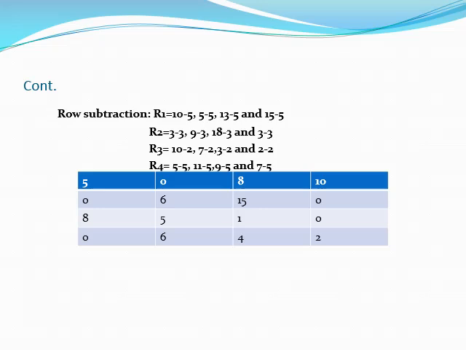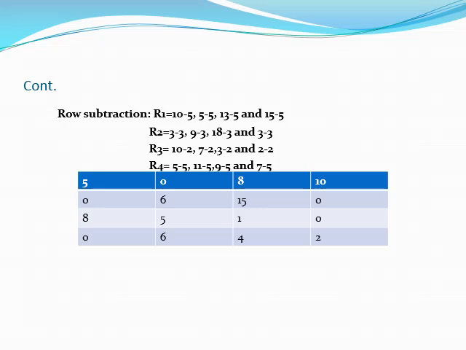We are going to jump to implement the second operation, which is known as column subtraction, using this matrix. We will apply the operation of column subtraction using the matrix after the row subtraction, not referring to the original problem.